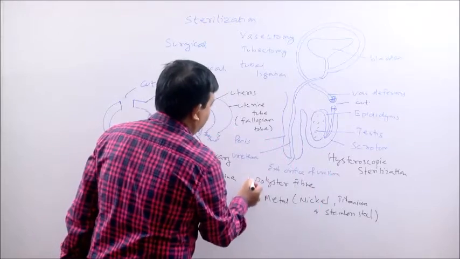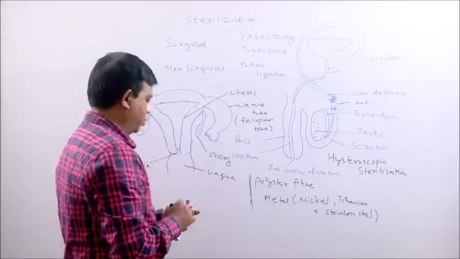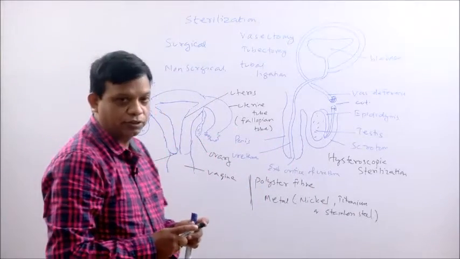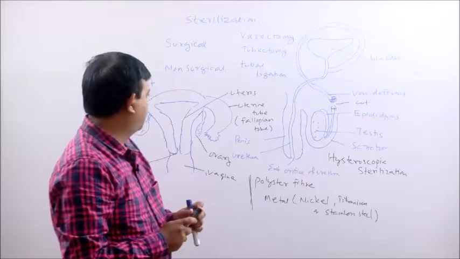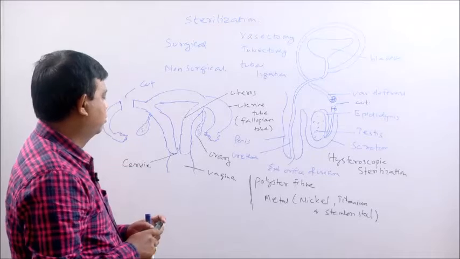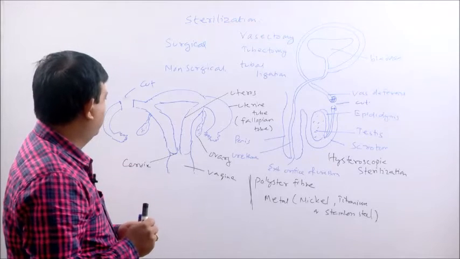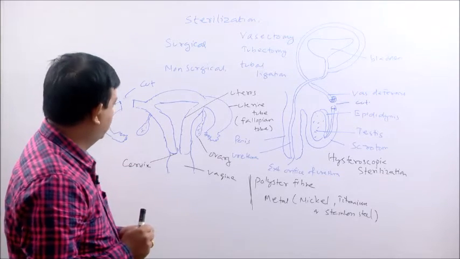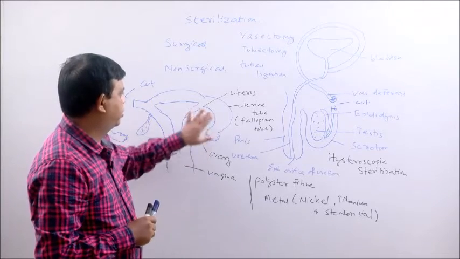Such a micro insert is a small coil-like structure. It is placed in the uterine tube through the vagina and uterus, with the help of a catheter.